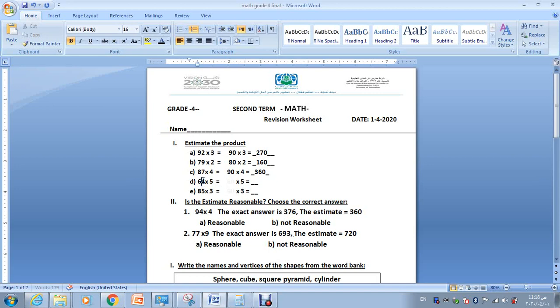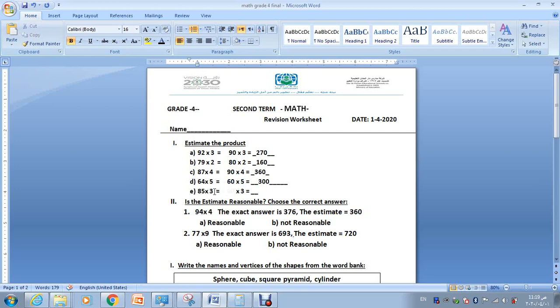Team down. So it will round the 64 down into 60. And 60 times 5 equals 300. Why? Because 6 times 5 alone equals 30, and the 0 goes down.